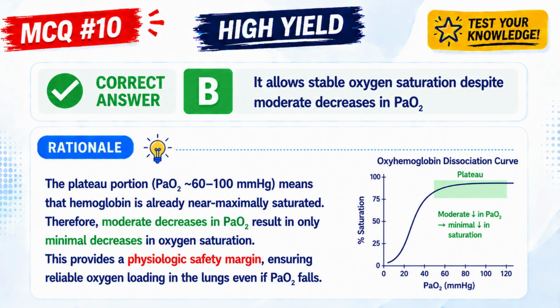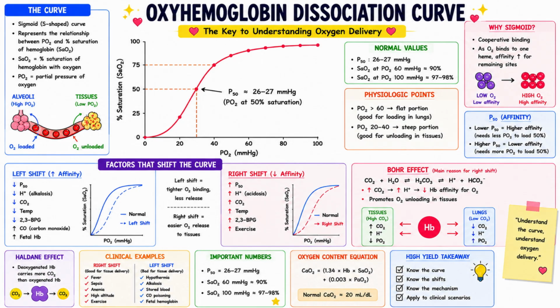That's 10 questions. 10 board-level concepts on the oxyhemoglobin dissociation curve. Your 5 things to lock in before you go. P50 is 26 to 27 millimeters of mercury. Right shift, hot, acidotic, high CO2, high 2,3-DPG. Exercise, promotes tissue oxygen delivery.